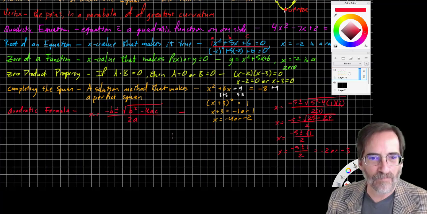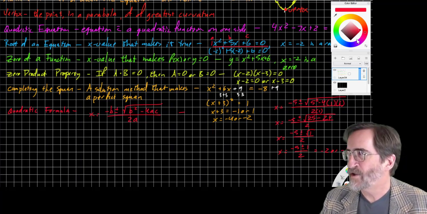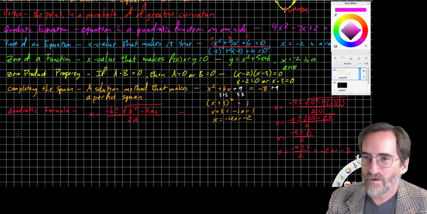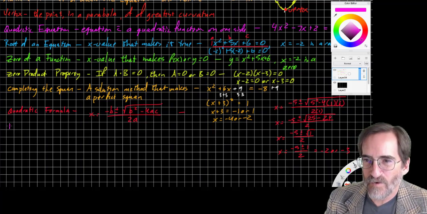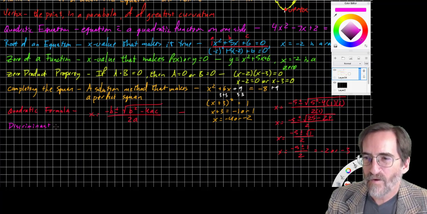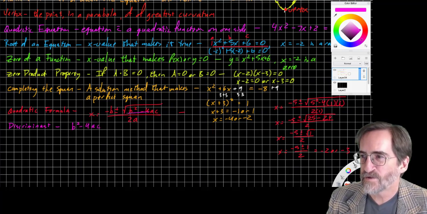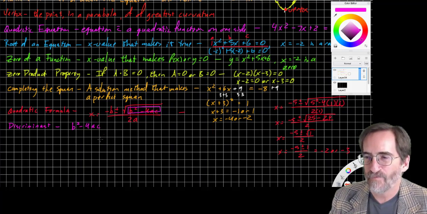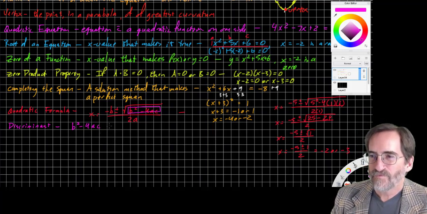Quadratic formula. And discriminant. The discriminant is b squared minus 4ac, which you'll notice is the square root part of the quadratic formula. Okay?